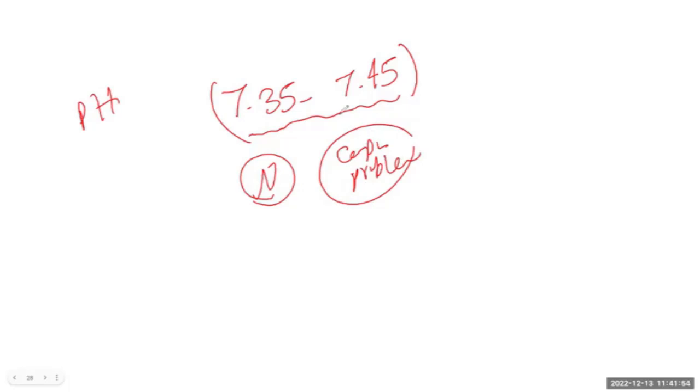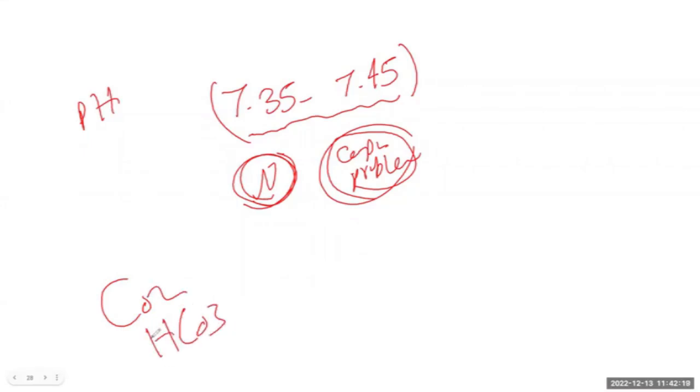What do you mean, doctor? Normal pH can be because everything is normal, or can be because there is compensated acidosis or compensated alkalosis. Am I clear? So if pH is normal, please look at carbon dioxide and bicarb to see if they are normal levels. Everything is fine.